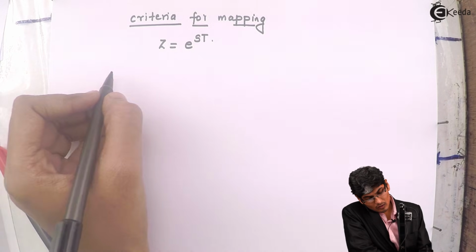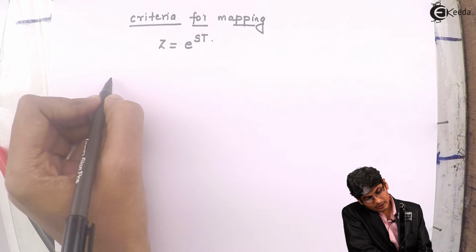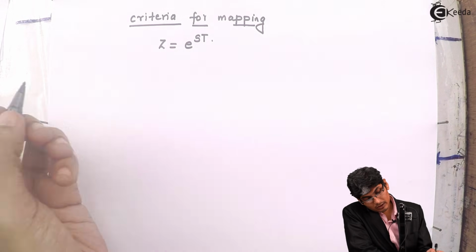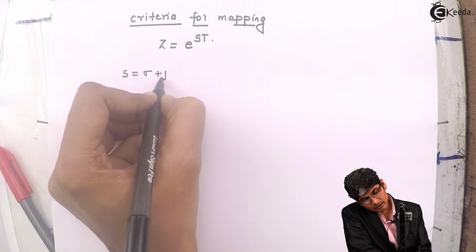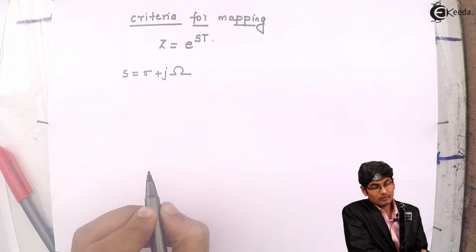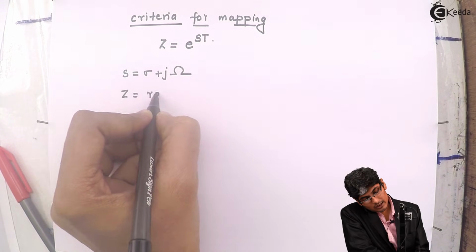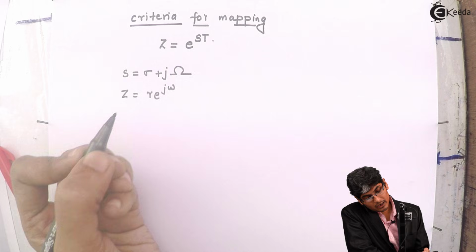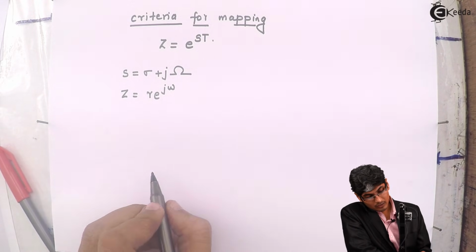Now I will put s equal to sigma plus j Omega, where Omega is an analog frequency, and z equal to r e raised to j omega, where omega is a radian frequency.